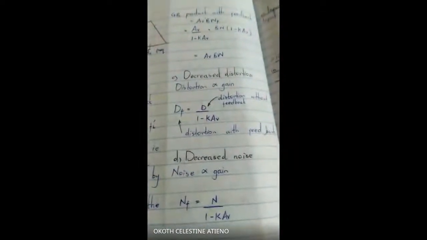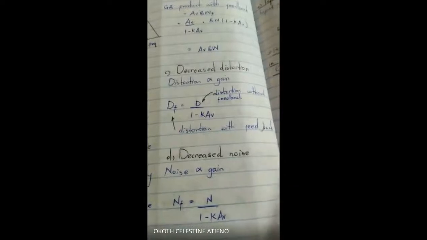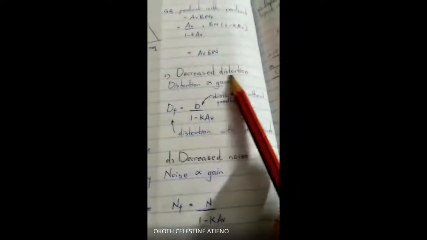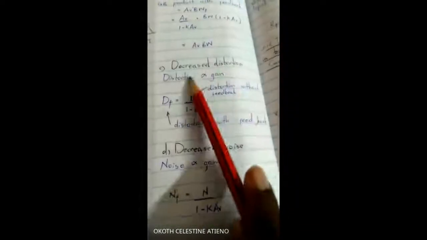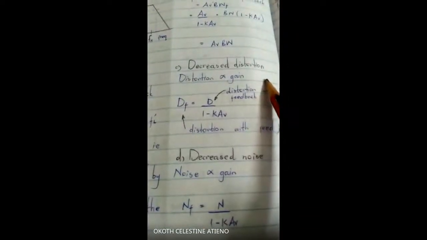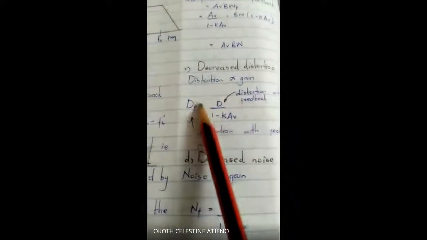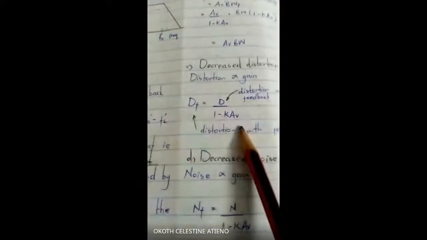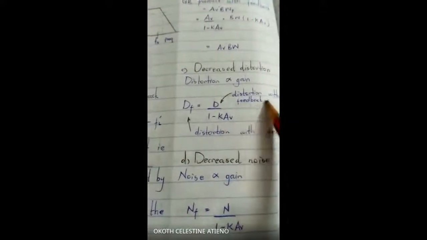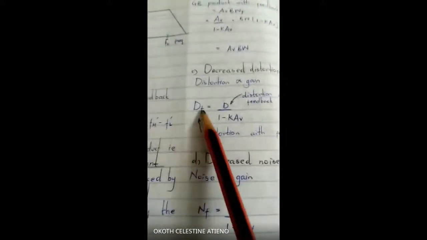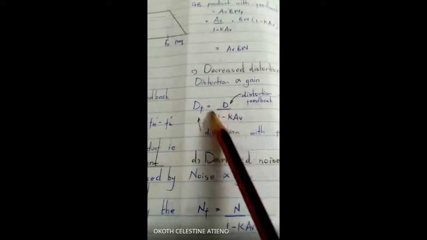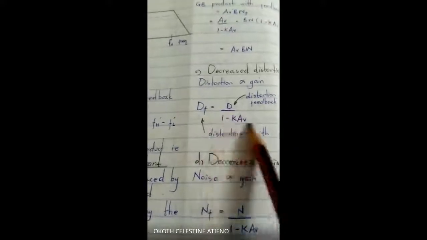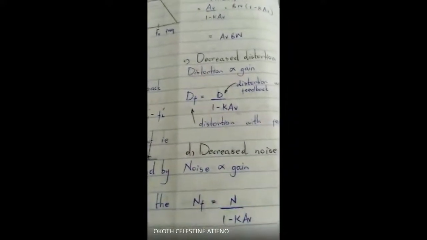One of the reasons for negative feedback is decreased distortion. Distortion is directly proportional to gain, and gain is being reduced, so distortion will also be reduced. Distortion with feedback will be distortion without feedback divided by this particular equation.